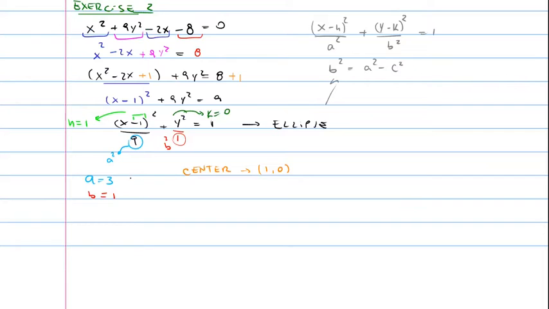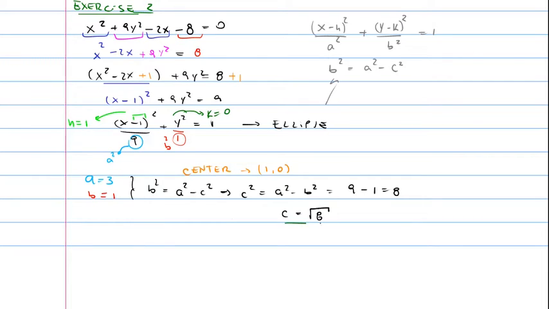Now, using a and b, well, we know that b squared equals a squared minus c squared. And then c squared is a squared minus b squared. And then this is 9 minus 1, which is 8. So c is the square root of 8.